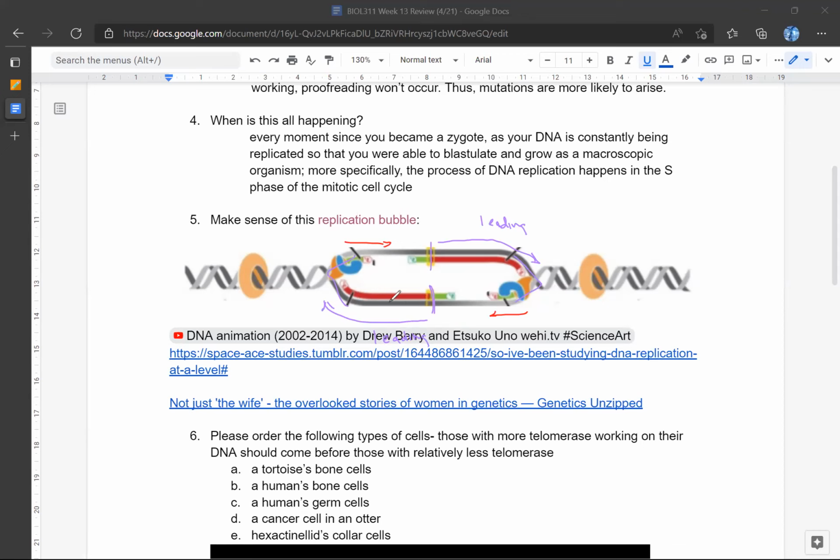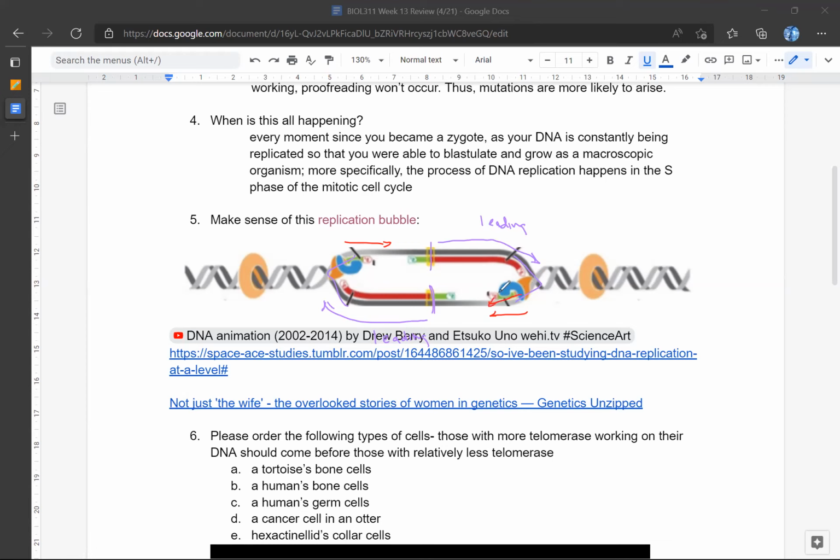Did I answer your question? Let's see. Oh, you didn't type it in the chat. Yeah, so I know that it's the leading strand because it starts at the origin and it is going toward this replication fork here. Yeah, that makes sense. So basically, if we can identify the fork and then look at the origin site, if the strand is going from the origin site to the fork, we know it's the leading strand, and then it's the lagging strand if it comes after the fork towards the origin.